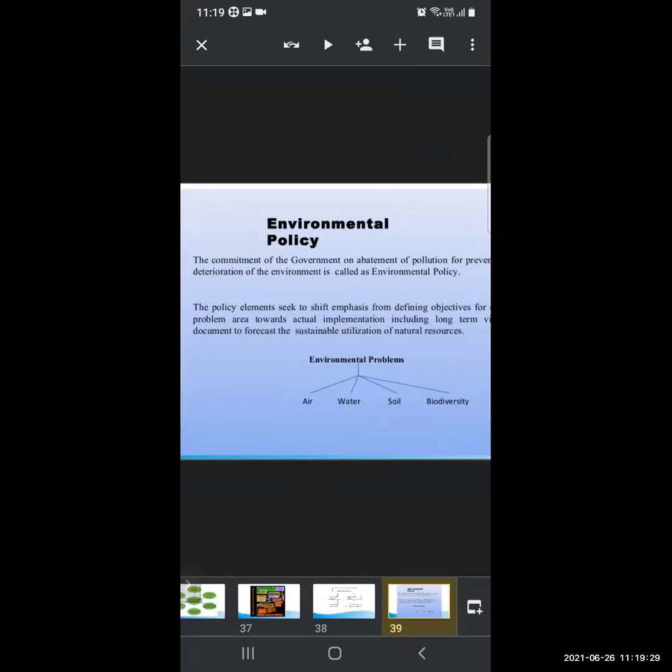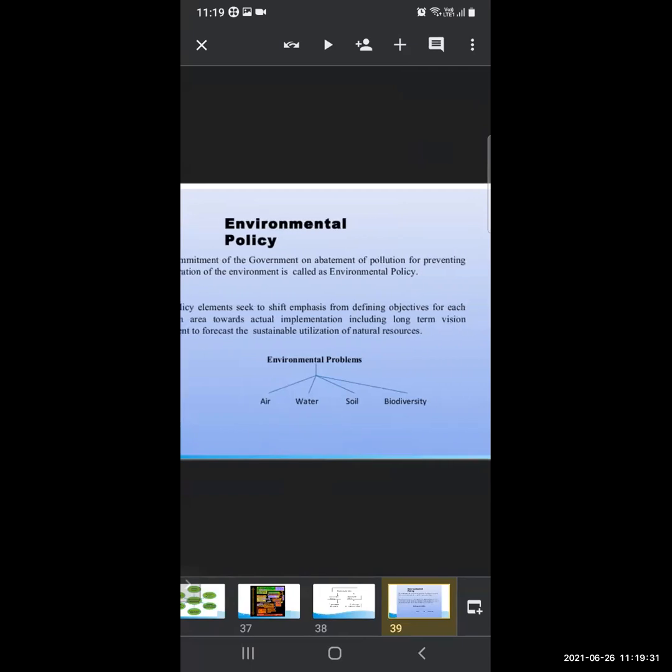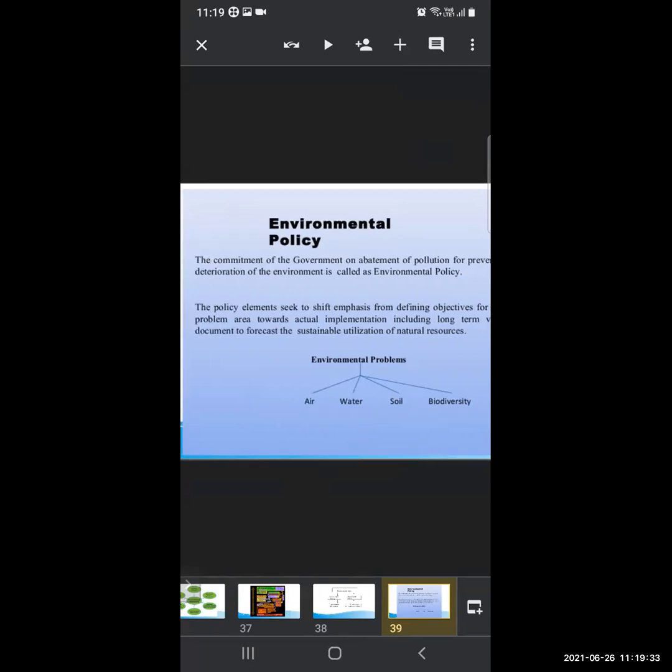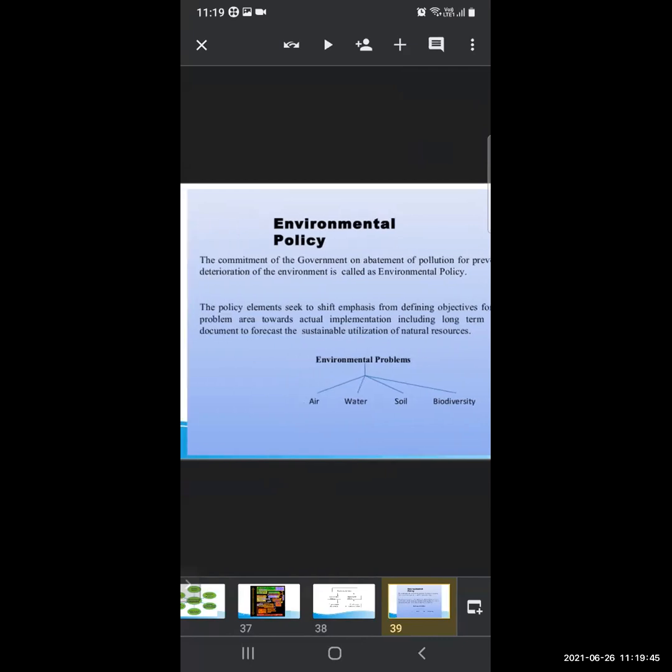The commitment of the government on abatement of pollution for preventing deterioration of the environment is called the environmental policy.